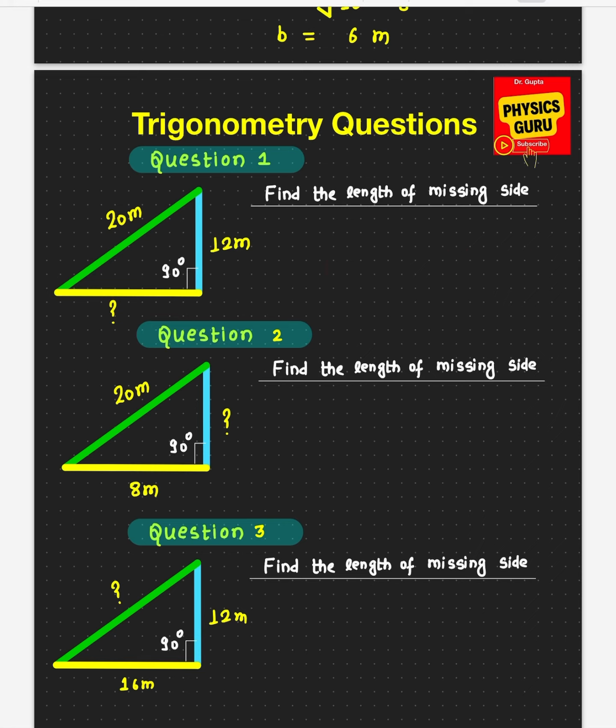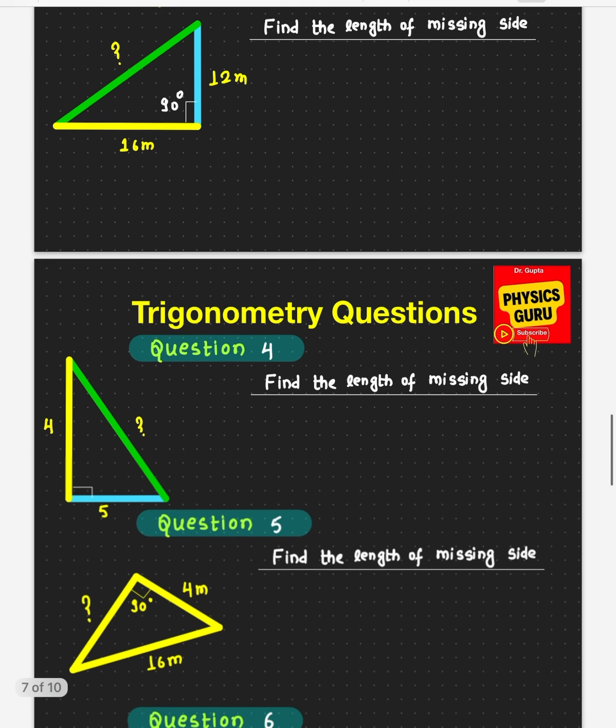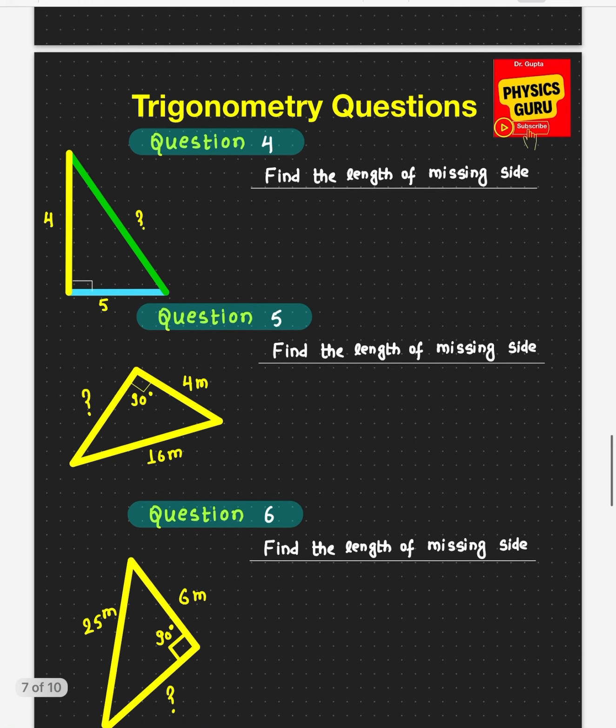And similarly, in the comment section, write down question number 2 and your answer here. And exactly you can complete number 1, 2, and 3. And now move on. There are other questions here for 4, 5, and 6.